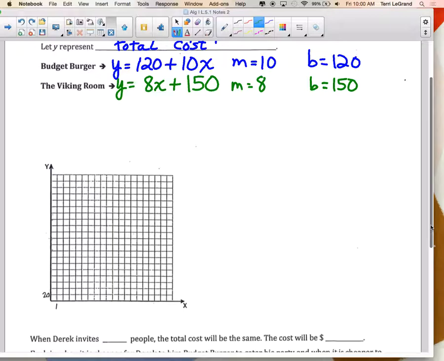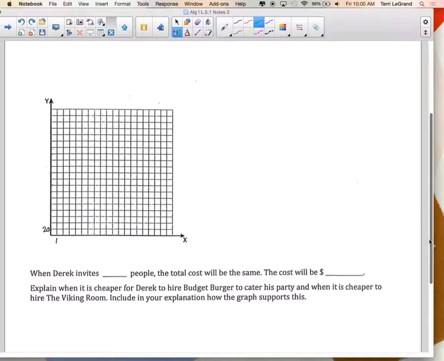So we need to title the axes, we need to title the graph, and we need to number out our axes. What would be a good title for the whole graph? Super Bowl party. Super Bowl party, yes. We are having a Super Bowl party. And then what did we say the x's are representing? The actual number of people.